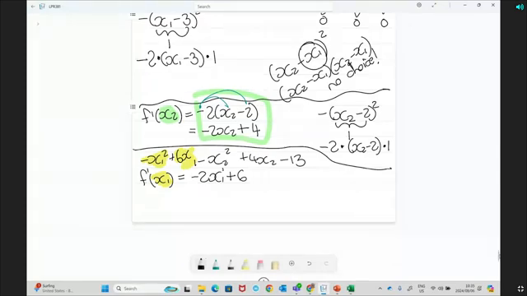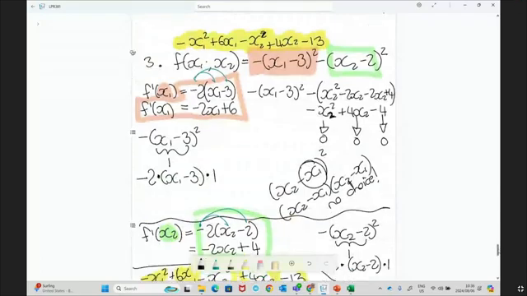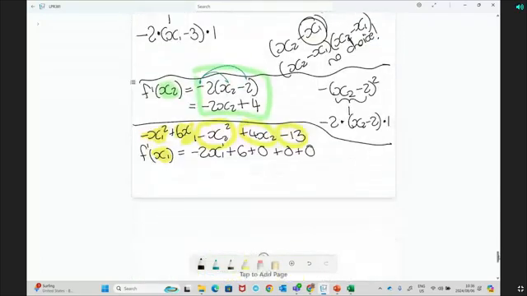You can write x1 to the power 0, but that just becomes 6. Then the next term does not have an x1, so we see it as a constant. It falls away. The next one does not have an x1. The next one is just a constant, a constant, a constant. So it's plus 0, plus 0, plus 0. So you're left with minus 2x1 plus 6, which is the same thing.